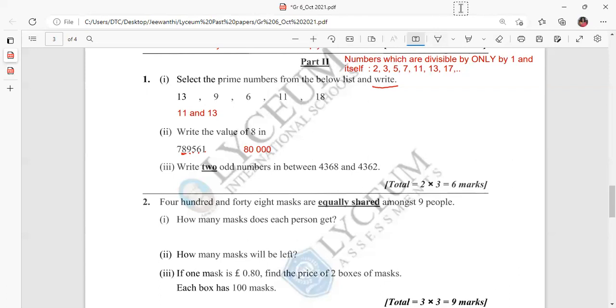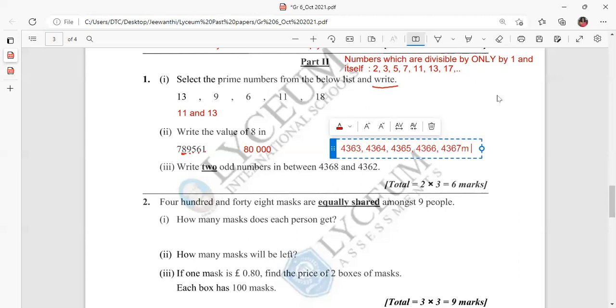What are the numbers we have in between? Children, what I am writing is additional information. When you are doing the paper, you don't want to write like that. I'm just writing all these things for your information. You want to write only the answers. 4,363, then 64, 67.